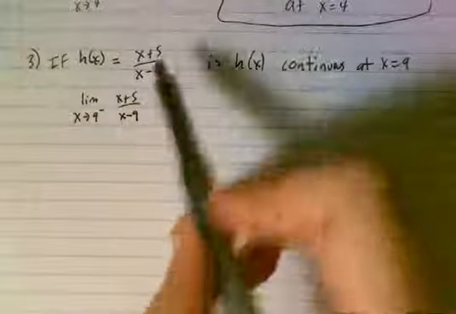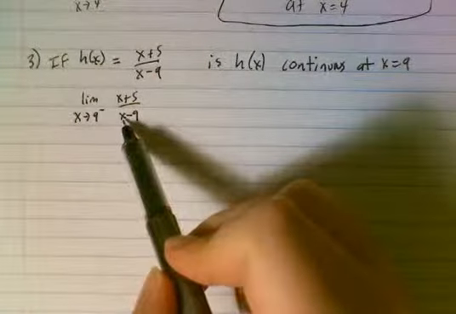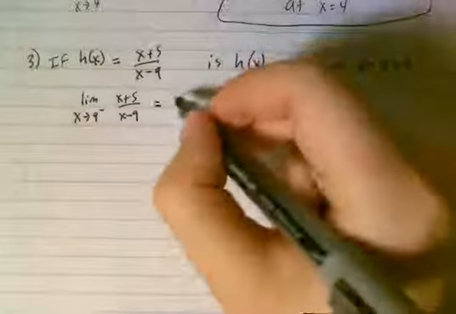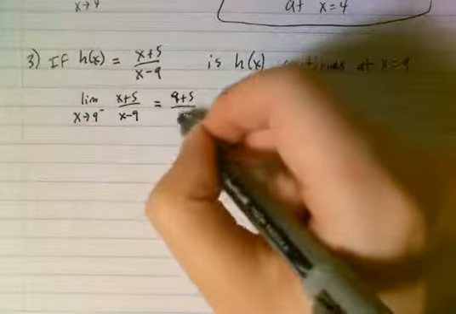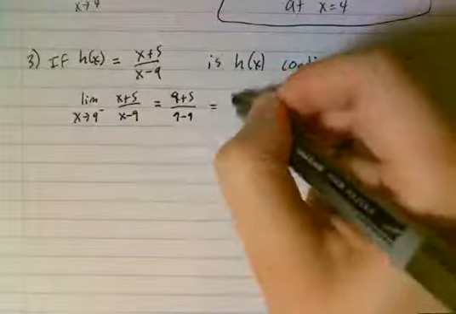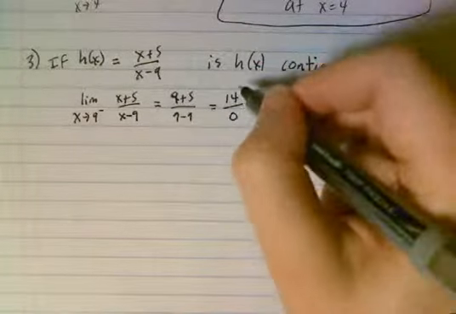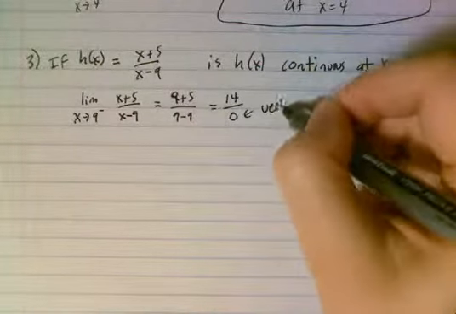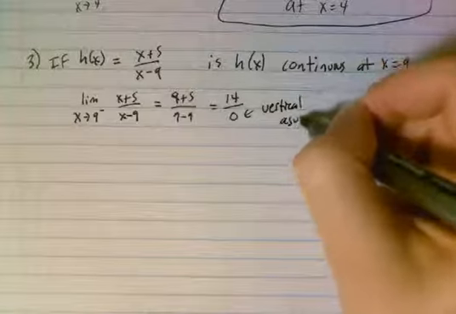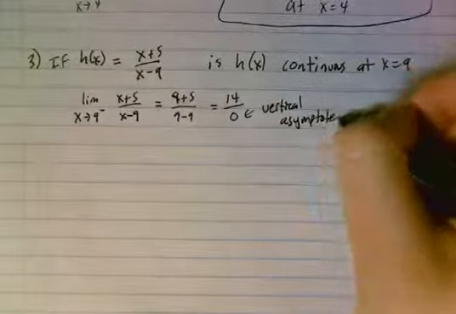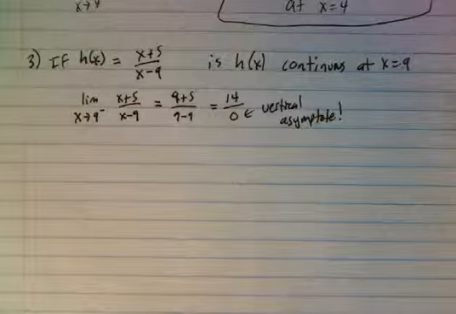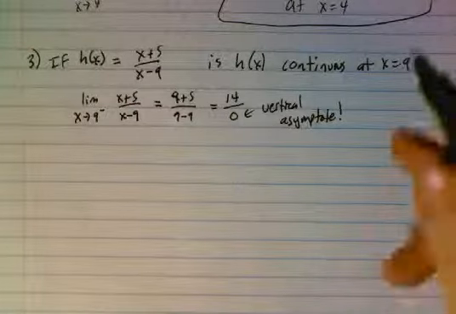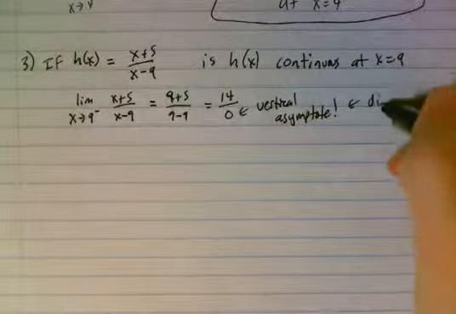Now notice that if we try to plug 9 in right here, we get a vertical asymptote. If we have a vertical asymptote, this automatically means it's discontinuous.